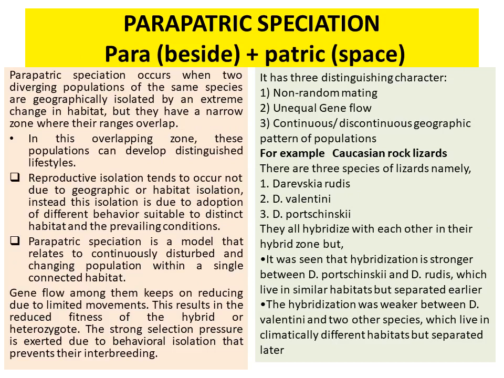Second is parapatric speciation. Para means beside, patric is space. So parapatric speciation occurs when two diverging populations of the same species are geographically isolated by extreme change in the habitat, but they have a narrow zone where their ranges overlap.